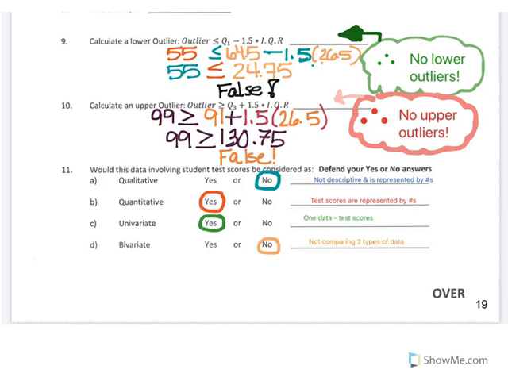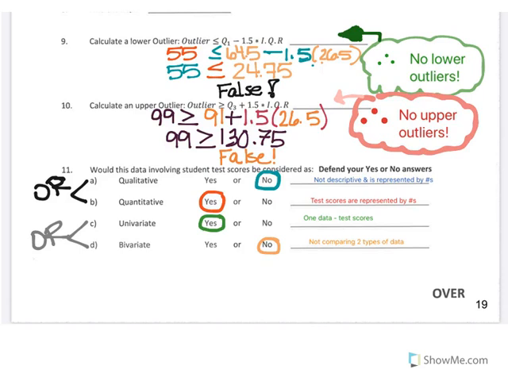A good thing to remember is that between qualitative and quantitative, it's an either-or situation. Data can never be both. Same thing with univariate and bivariate: it can either be univariate or bivariate, but it can't be both at once.